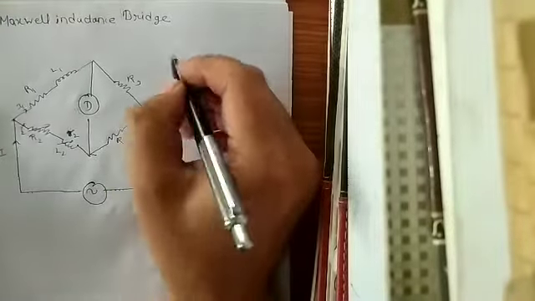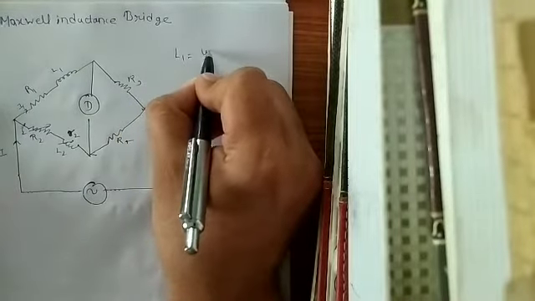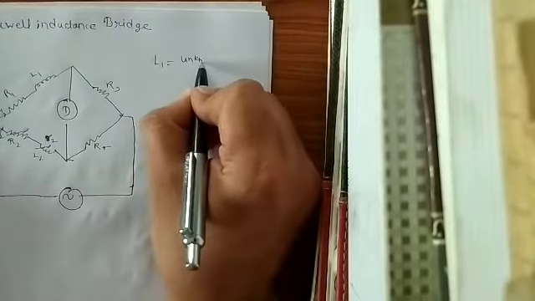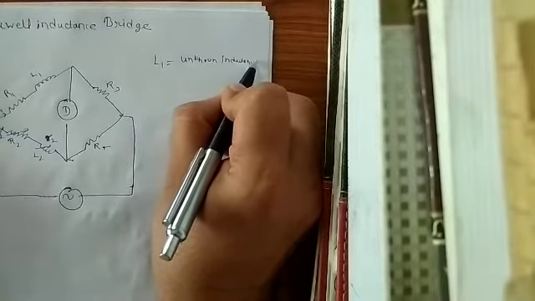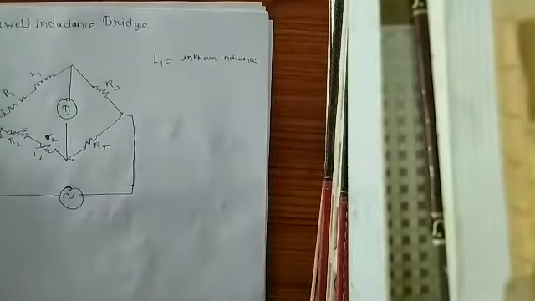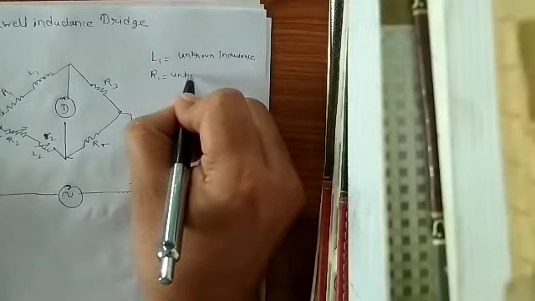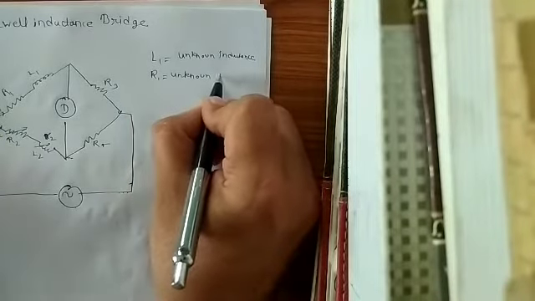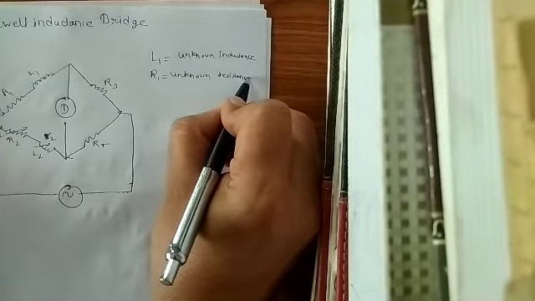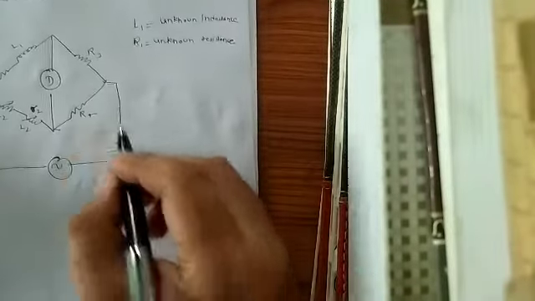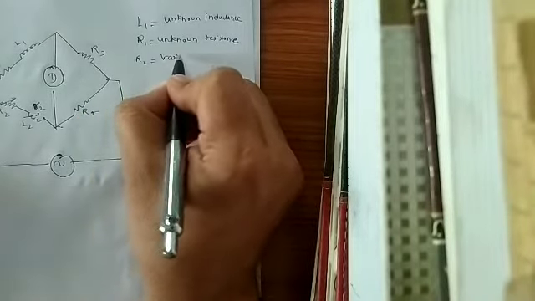Now we can see the components. L1 is unknown inductance, R1 is unknown resistance, R2 is a variable resistor.